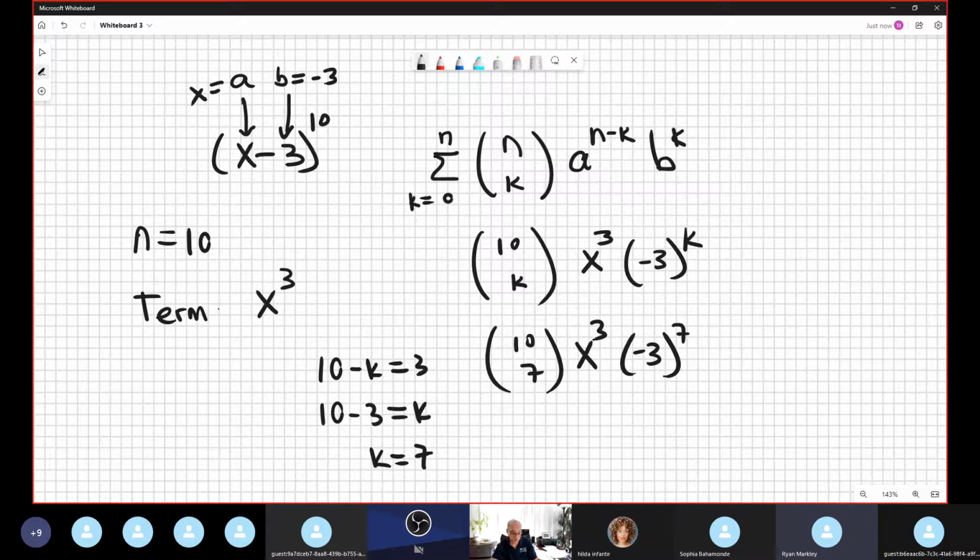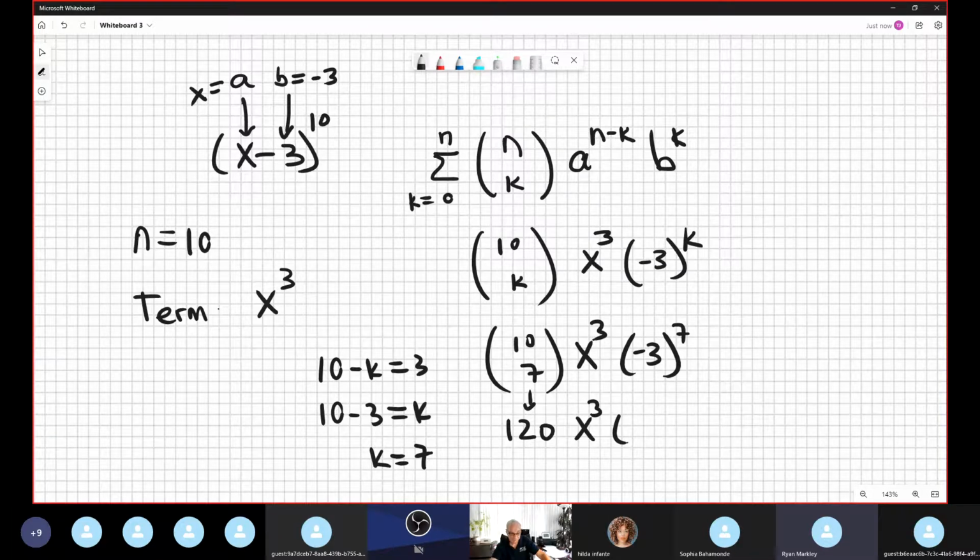You put it in the calculator, this combinatory number is 10 factorial over something, and the answer is 120. This is 120, you can verify. And negative 3 to the 7th is a big number because it's multiplied by negative 3, 7 times. Of course, it is negative because the exponent is an odd number.